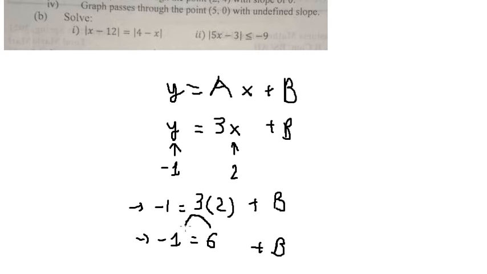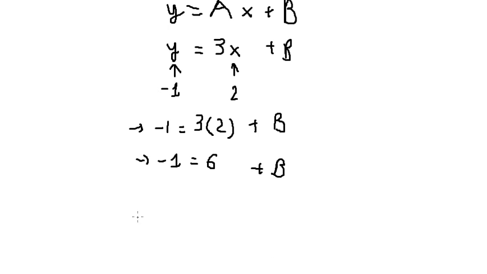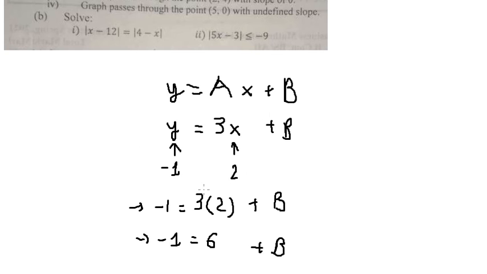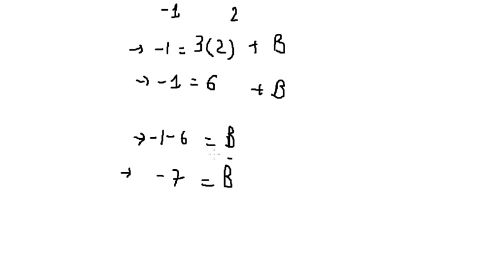We put 6 on the left, and you got negative 1 minus 6, and we got negative 7. So the formula of this equation should be y is equal to 3x minus 7, that we just found in here.